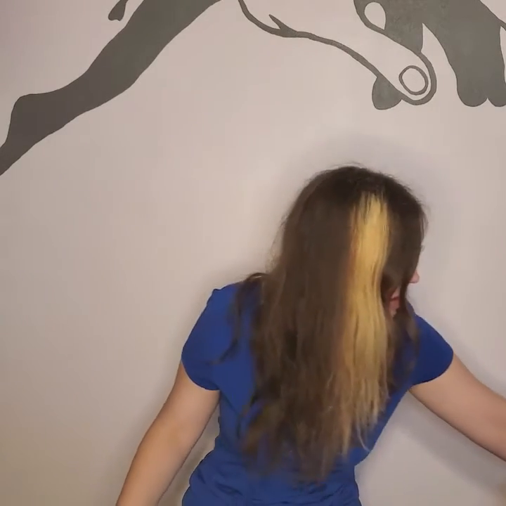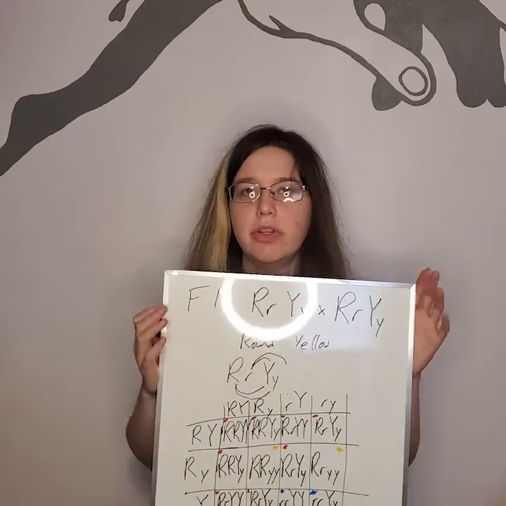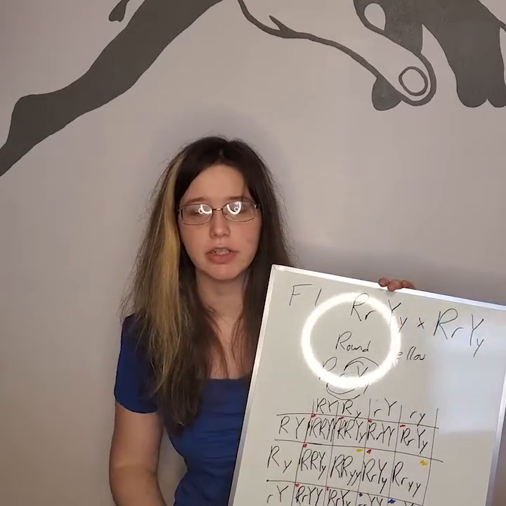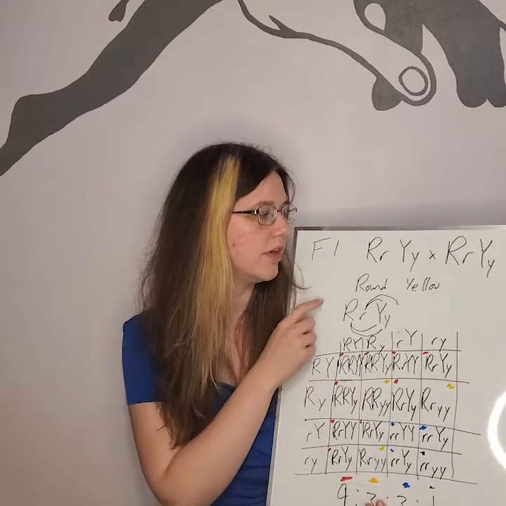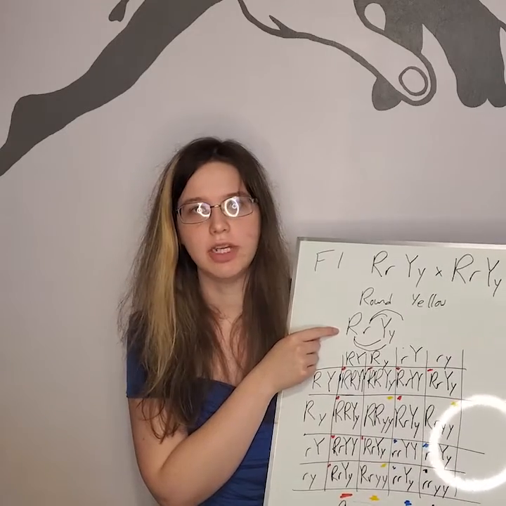So then the next part is to take two F1 plants and cross them. So we have the F1 generation. When the F1 generation was self-fertilized, it resulted in the F2 generation. So let's look at the F2 generation. We've got all these round yellow plants, and they had this genotype.